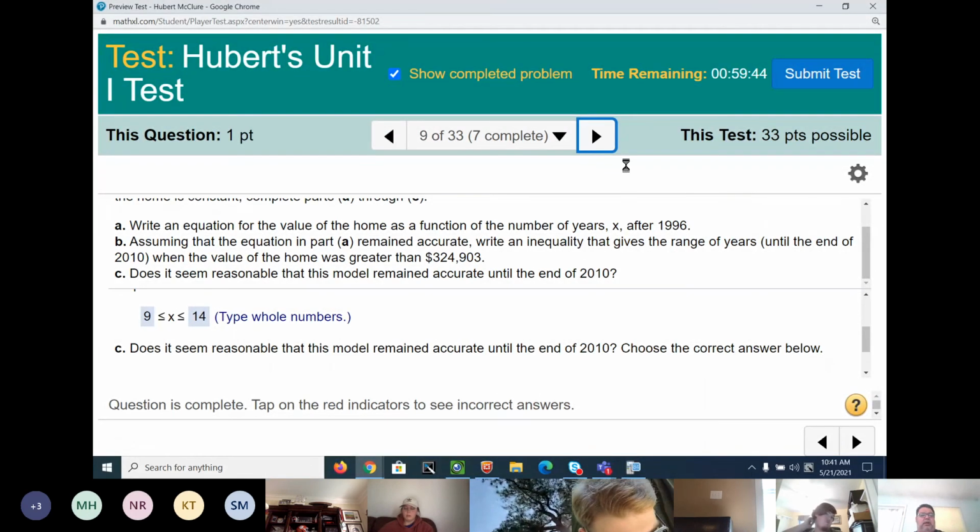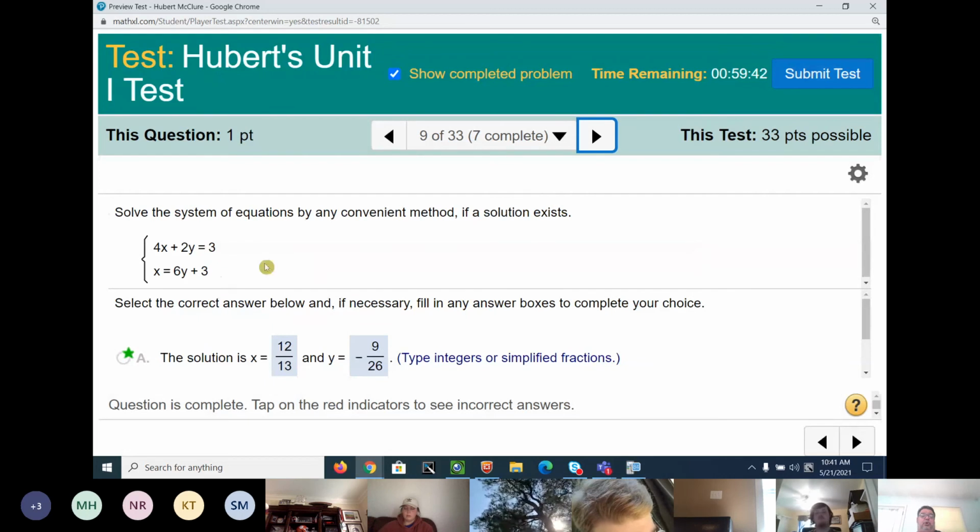Okay, there's another one. Now, this one, which method are you going to use for this one? Are you going to use graphing, substitution, or elimination? Substitution. This is kind of like the one I showed you on the day that I showed you the 3 different methods, because you have X by itself.